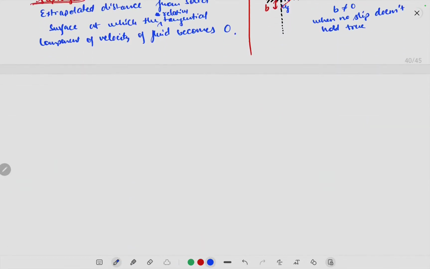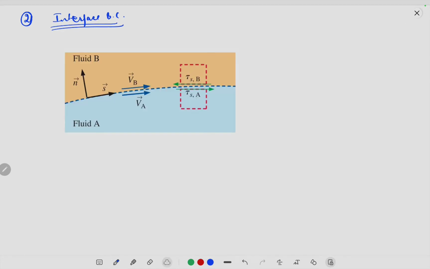the next boundary condition that we have is the interface boundary condition at the interface of two immiscible fluids. So consider a fluid B and a fluid A. Both fluids are immiscible with each other, and let's say there is an interface dividing the two fluids.